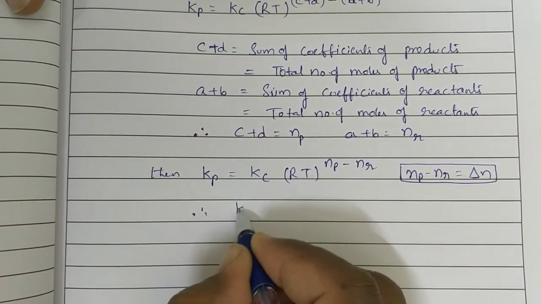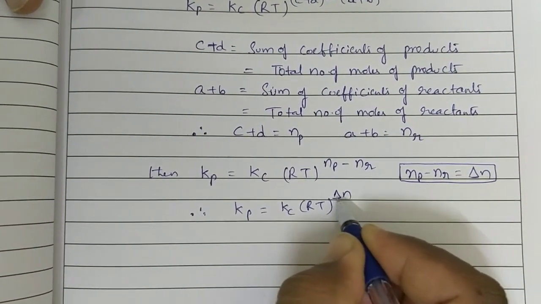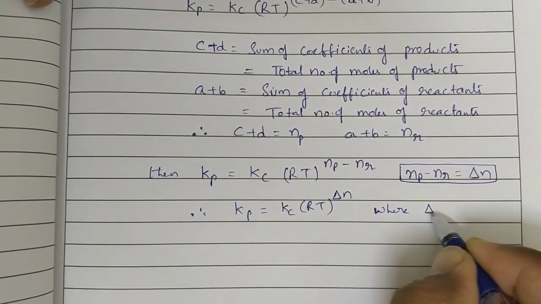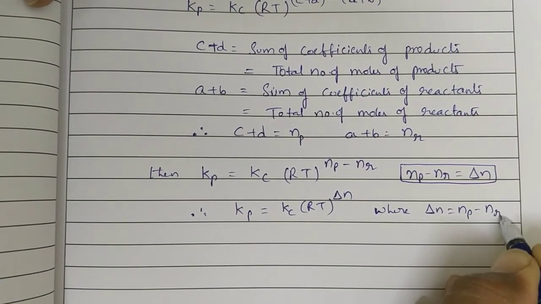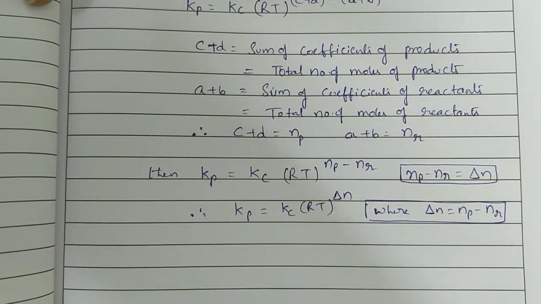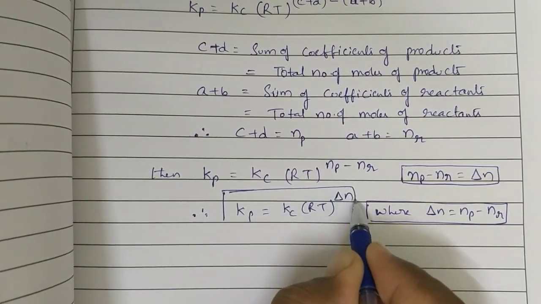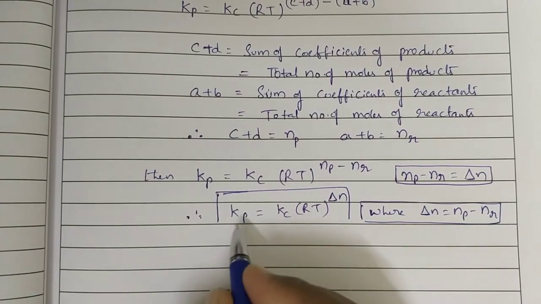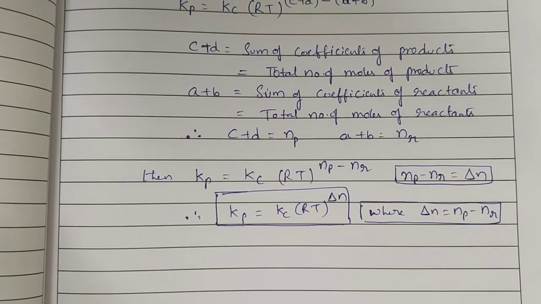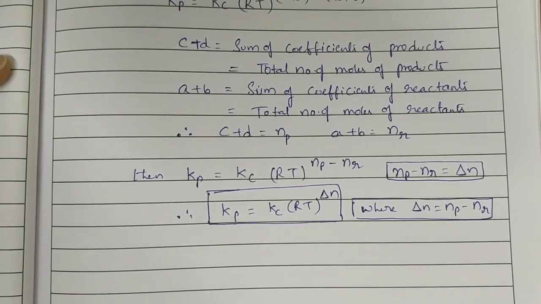Therefore, Kp is equal to Kc into RT power delta n, where delta n is equal to Np minus Nr, number of moles on product side minus number of moles on reactant side. This is the relation between Kp and Kc.